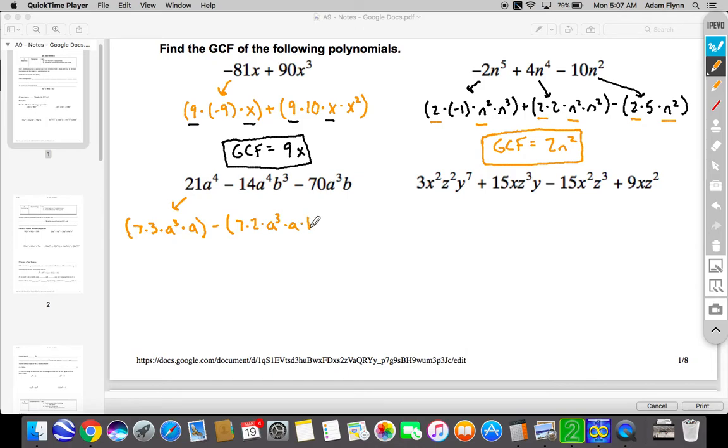So I'll just write times b cubed. Then of course minus 7 times 10 times a cubed times b.